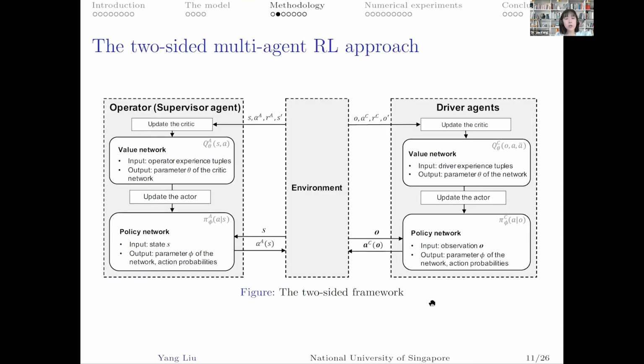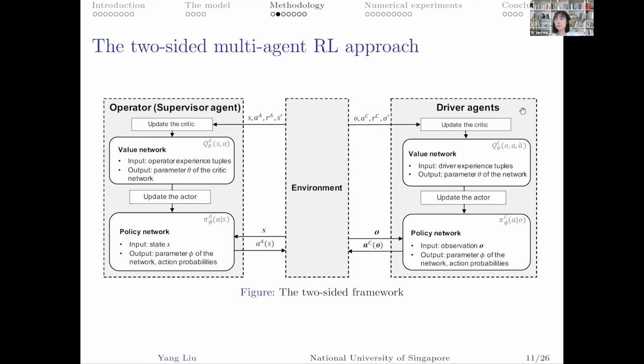In order to consider both the driver's and operator's decisions, we propose this two-sided multi-agent reinforcement learning approach. In this framework, we have the operator on one side, which acts as a supervisor agent, and the driver agents on the other side, who make their own decisions in a non-cooperative way.